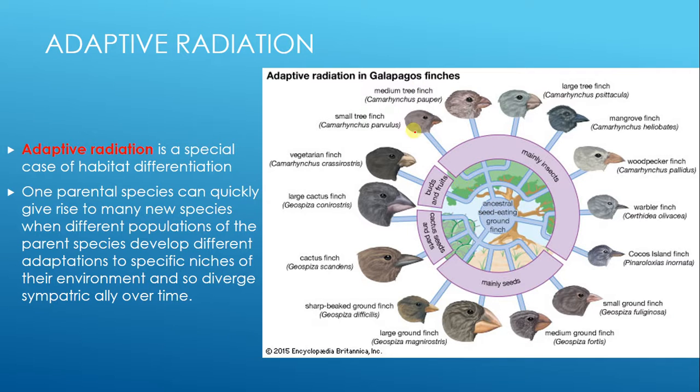One parental species ended up radiating into all of these new species because each species began to adapt to a specific niche based on food source of the same environment. They at first weren't necessarily geographically isolated, although later there was some allopatric speciation, but initially they just became adapted to different food sources, and so were spatially separated by where that food was most plentiful.